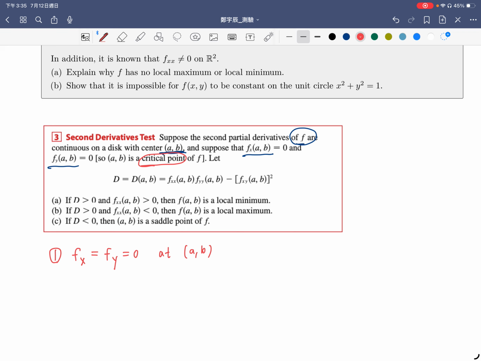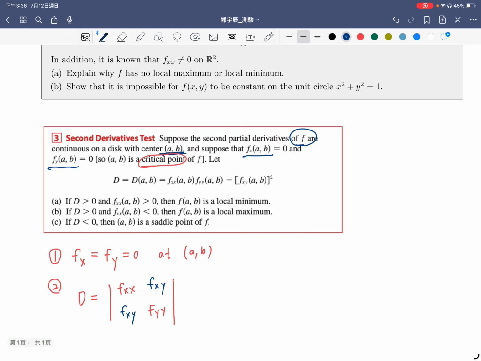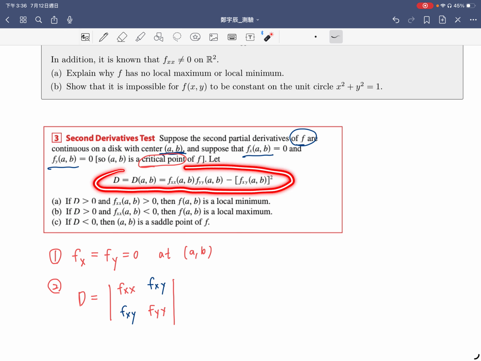The second thing you should do is construct a determinant D, where you write down fxx and fyy on the diagonal and fxy on the other diagonal. This is completely the same as stated in the theorem here.